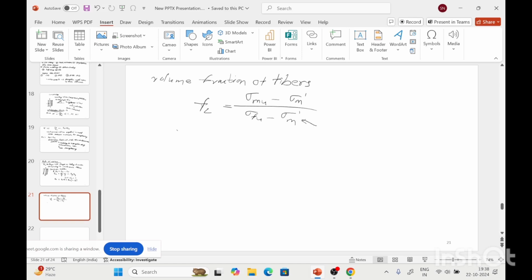Sigma m dash is the flow stress of matrix at a strain corresponding to the fracture stress of fiber.